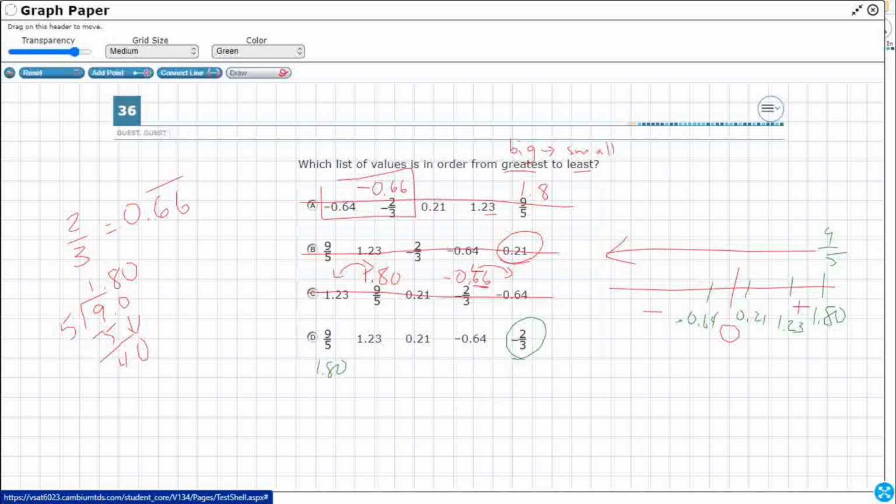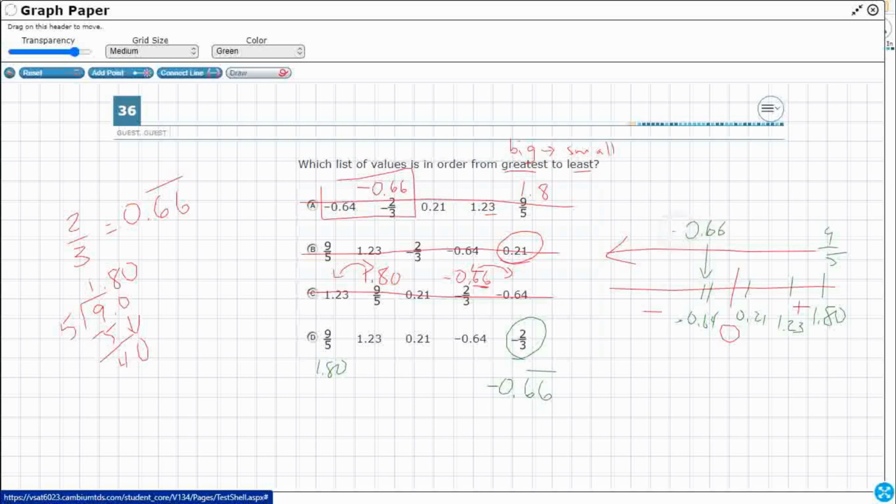Remember, that's the one that was negative 0.66. And I did 66 because we wanted everything to go to the hundredths place, but it's actually 0.66 repeating. The 6's actually go on forever. And that's going to be really, really close right there.